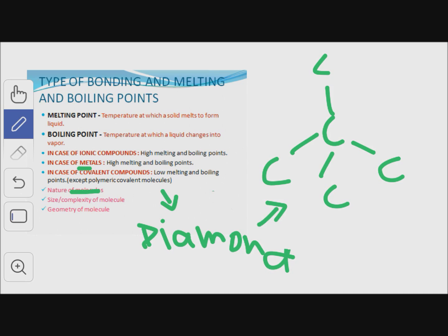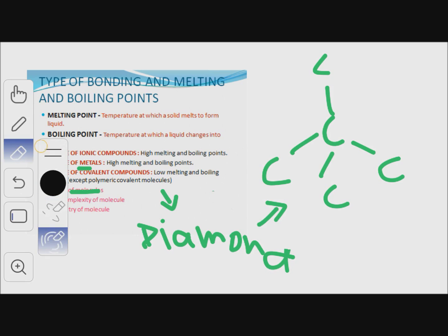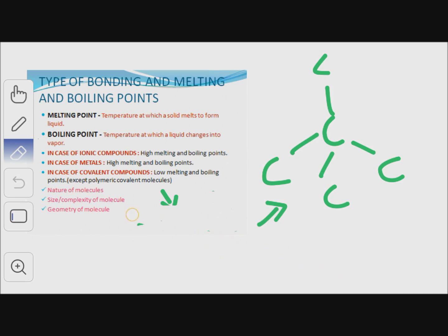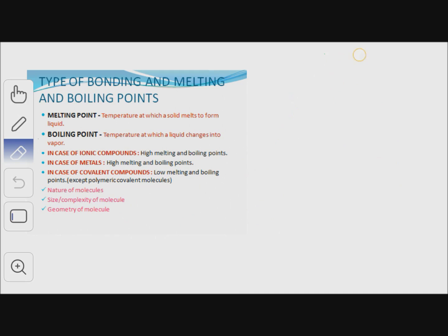And for simple covalent molecules, melting and boiling point depends upon the following factors. First is the nature of molecules, that is polar and non-polar molecules.